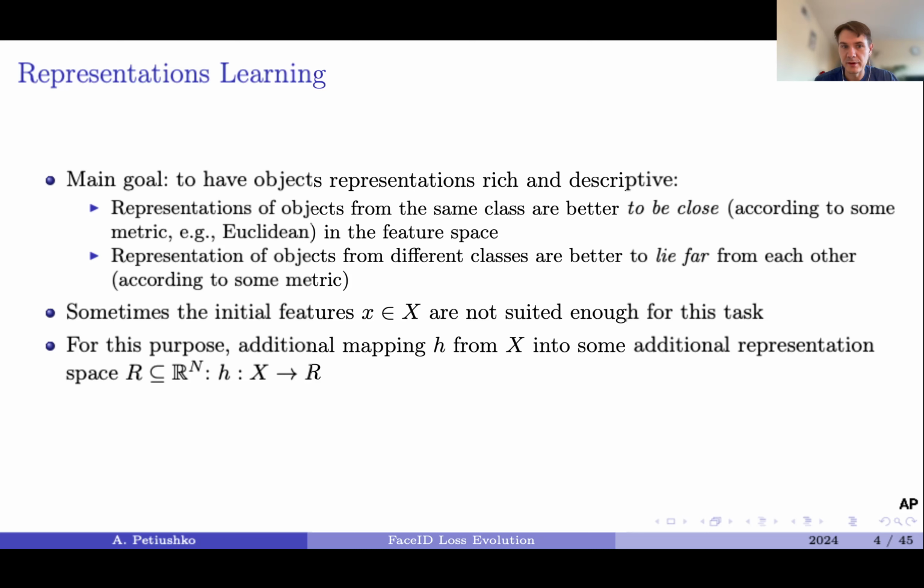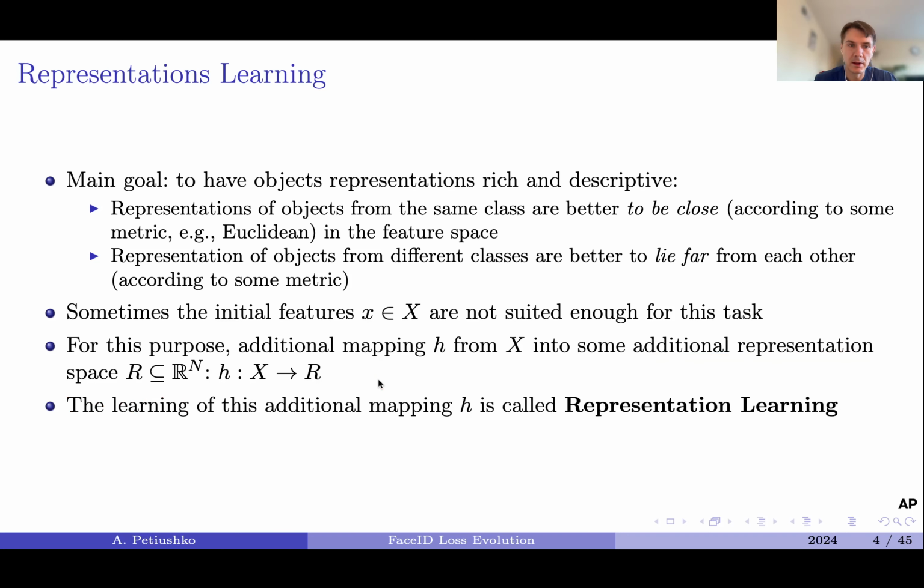For this purpose, probably we need some additional mapping H from this initial feature space X into some additional representation space R, which is a subset of R^n. H maps X to R. And the learning of this additional mapping H, this is what is called representation learning.